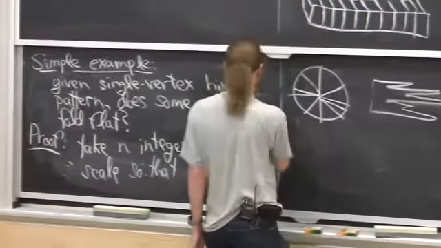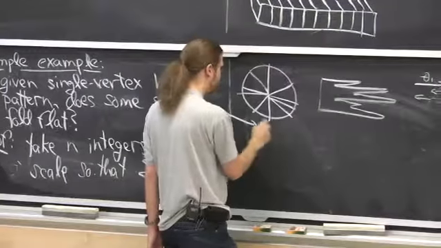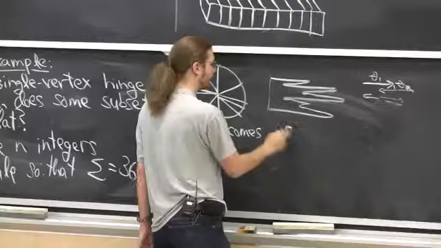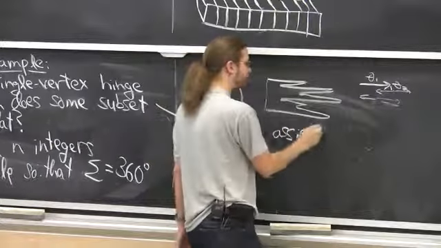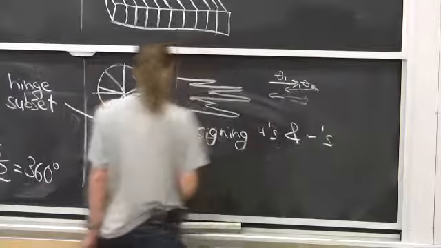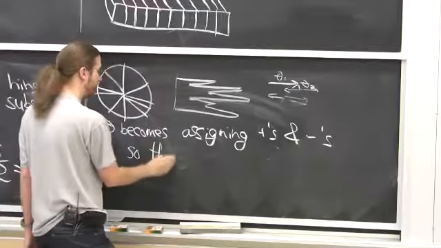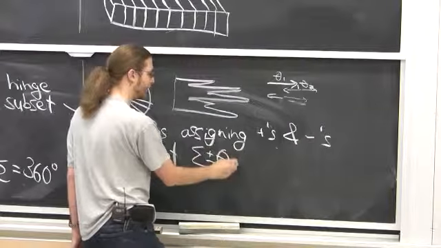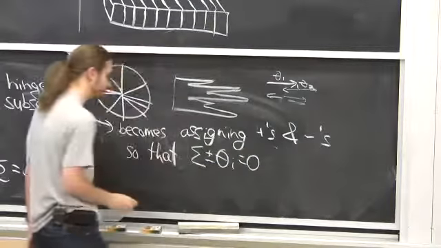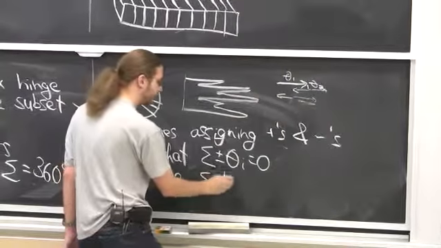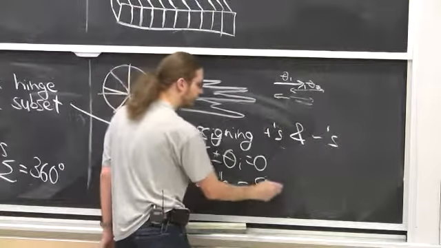So really, this problem becomes assigning pluses and minuses so that the sum with the appropriate pluses or minuses of the theta i's equals 0. That's the Kawasaki version. But that's the same thing as saying the sum of the pluses equals the sum of the minuses.